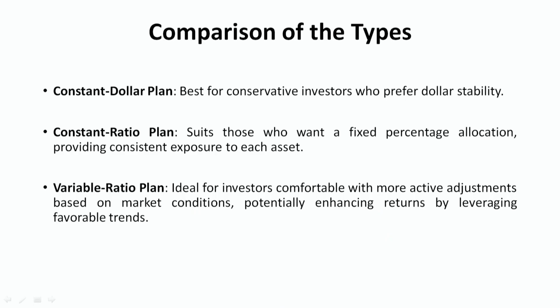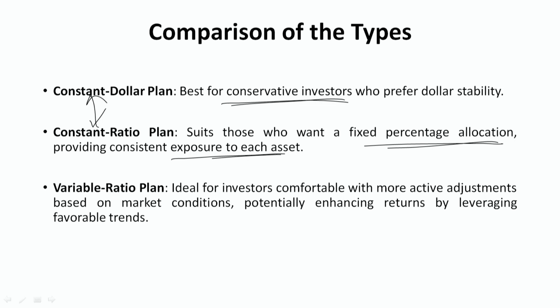So it's very clear. Now coming to the comparison of these three types of plans, your constant dollar plan is considered to be a conservative approach. Your constant ratio plan is a fixed percentage allocation and it is consistent with exposure of each asset. Okay, so here also it is almost similar to the dollar plan.